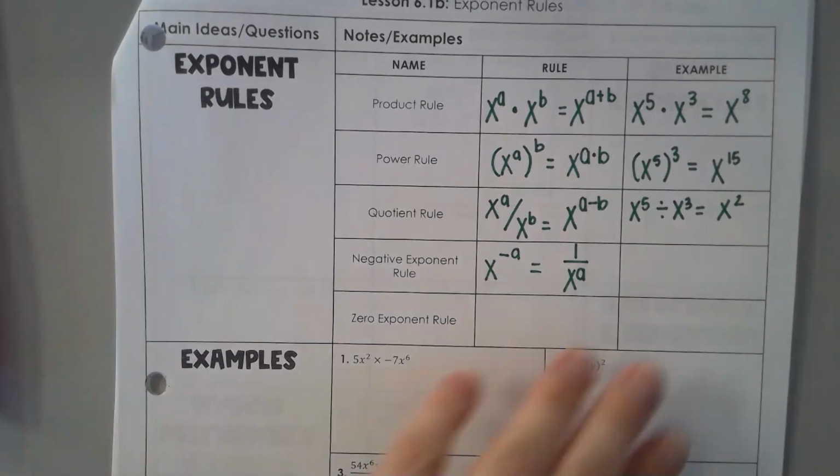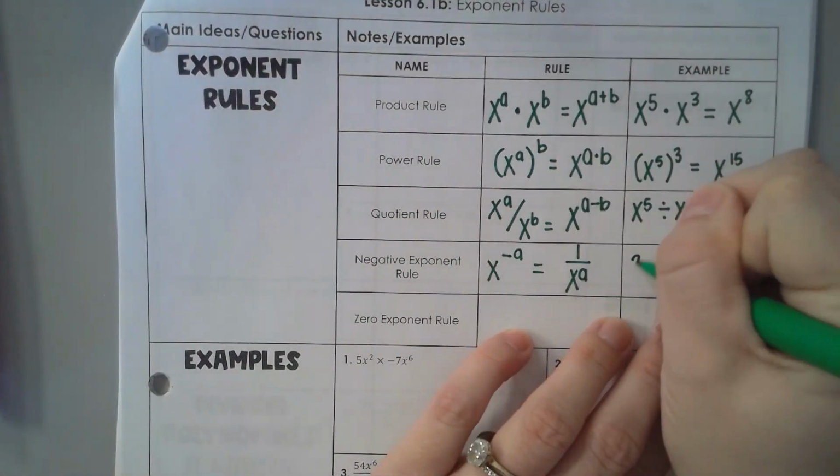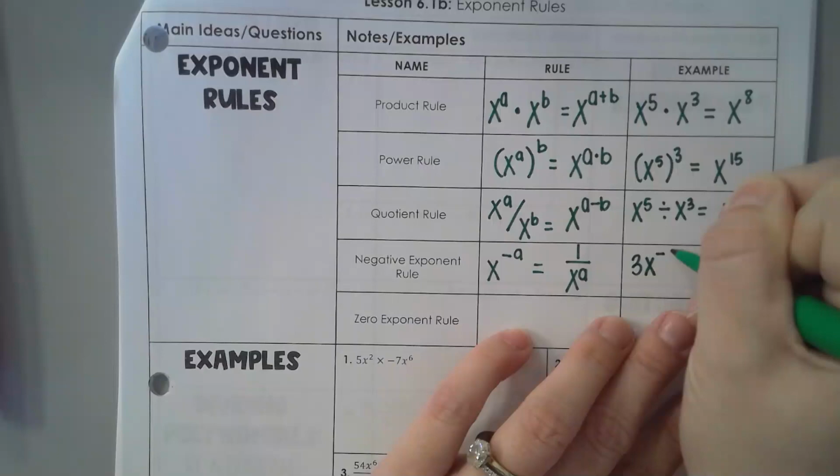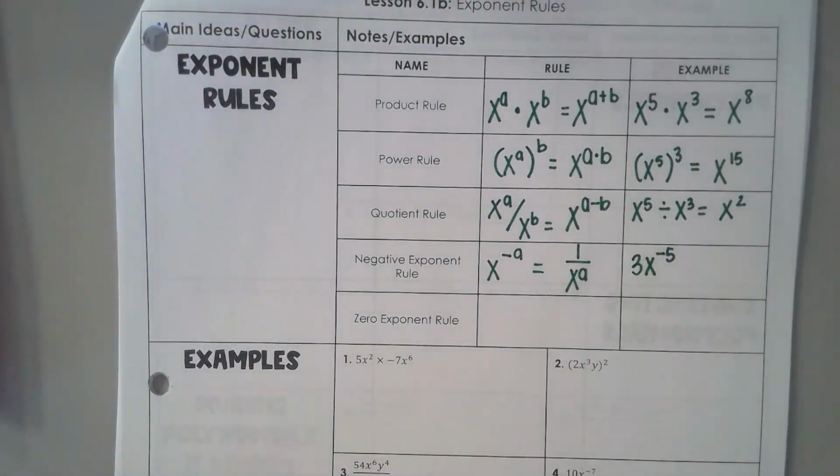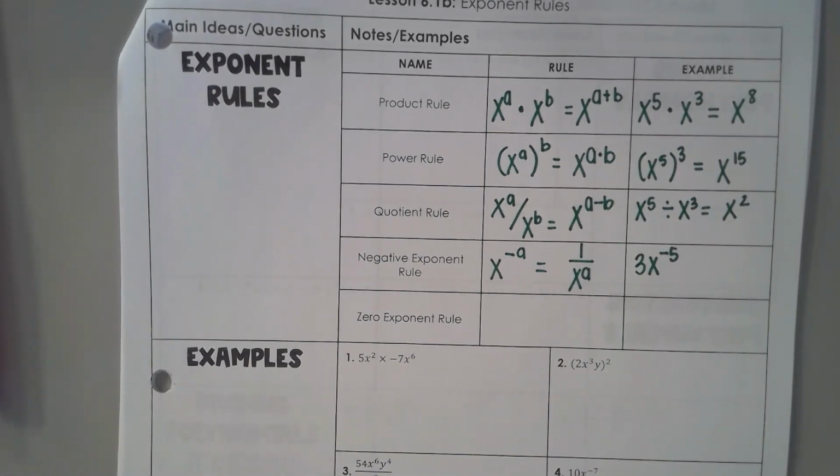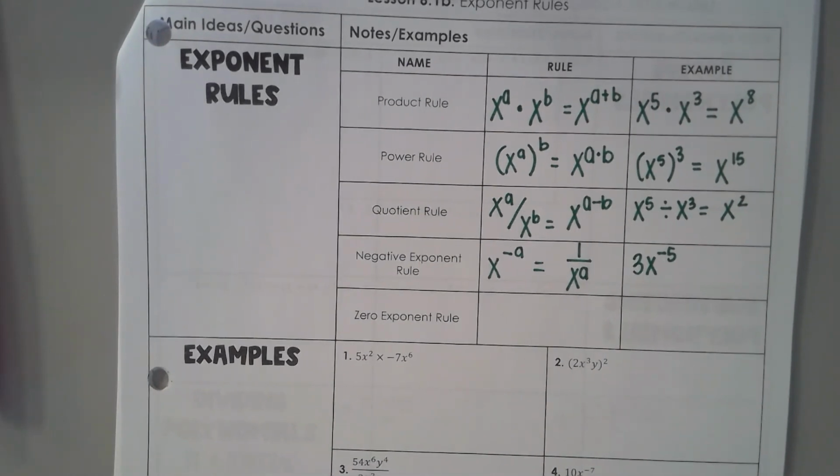And so if I have 3x to the negative 5th, what is exactly being raised to the negative 5th power? The x or the 3x? It's just the x.